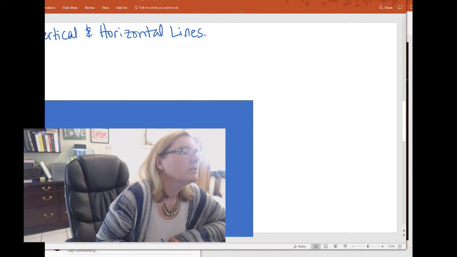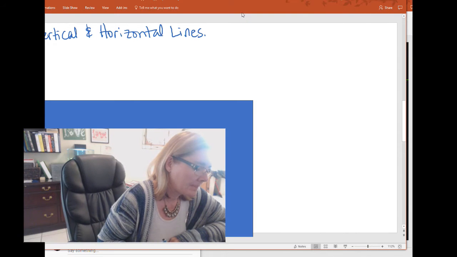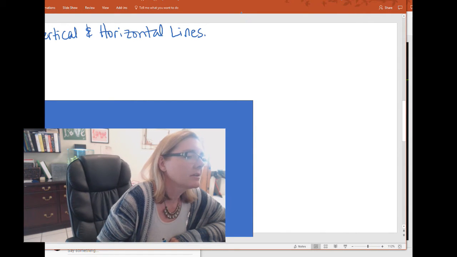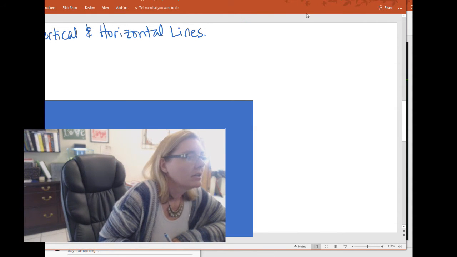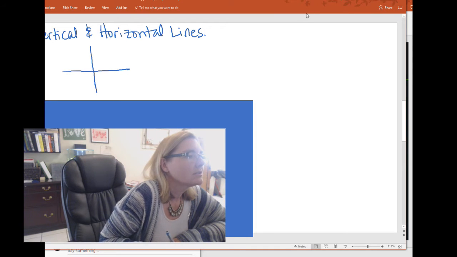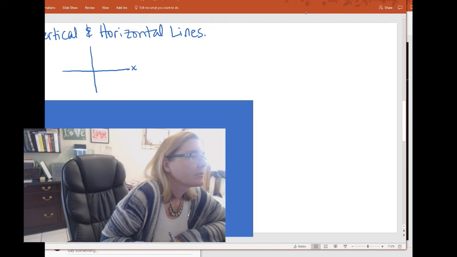Okay, so the key thing about vertical and horizontal lines is that every single point on either a vertical line or a horizontal line has something in common. For example, here's my XY coordinate system, and I'm going to draw in a horizontal line.